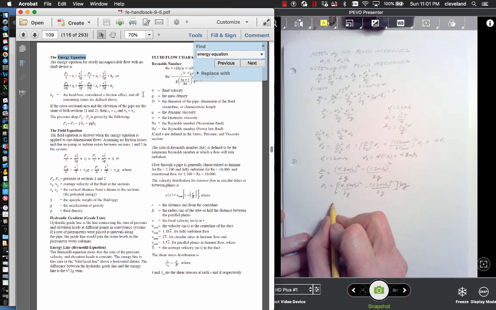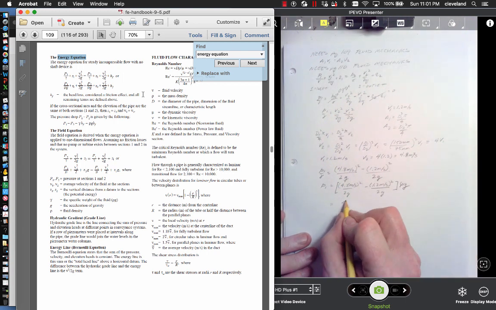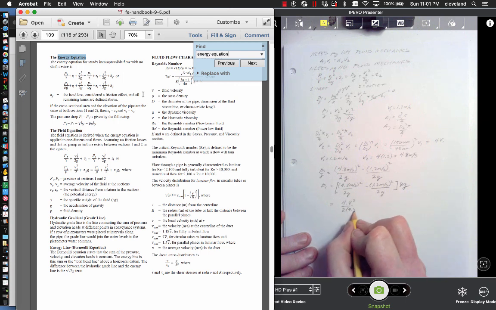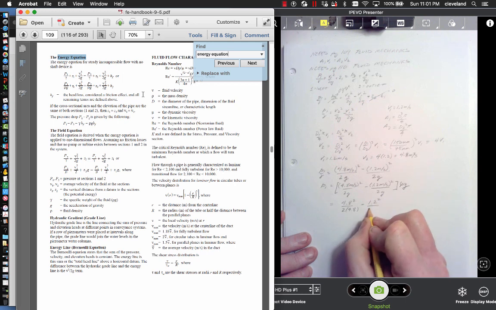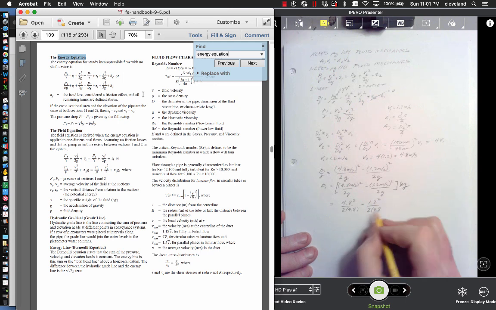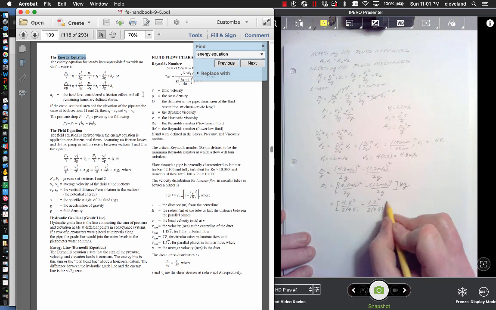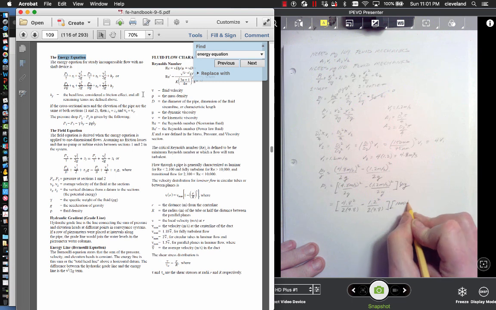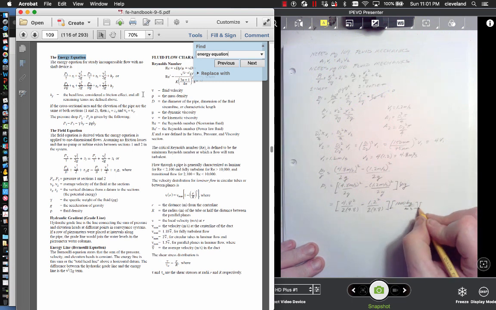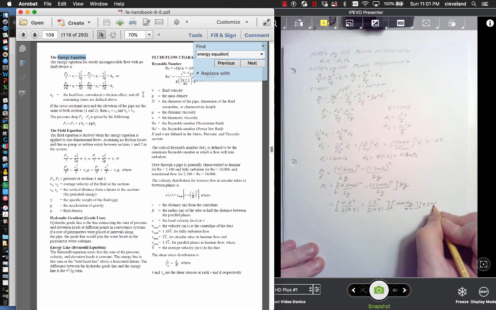Alright, let's put in the rest of the arithmetic. 4.8 squared over 2 times 9.8 minus 1.2 squared over 2 times 9.8. Rho is 1,000 kilograms per meter cubed times 9.8 meters per second squared.